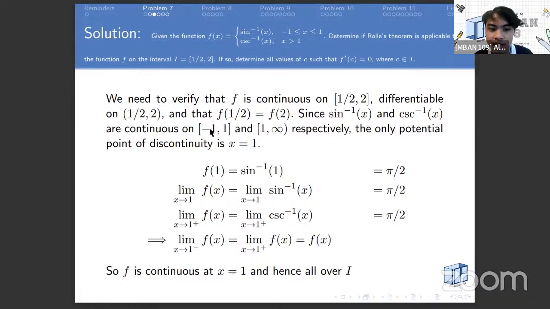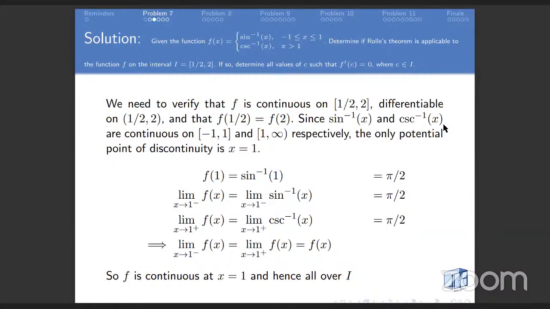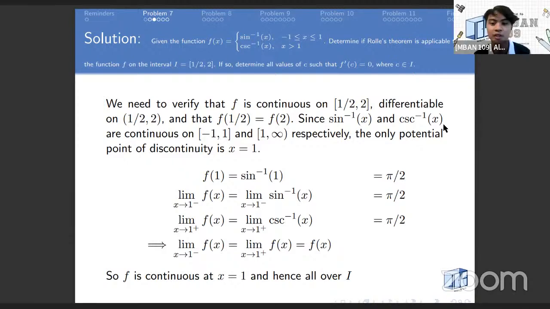Kasi T2 is continuous siya sa -1 to positive infinity. Feeling ko medyo domain dapat tong 1 infinity. Bakit daw ito yung domain ng cosecant of x?